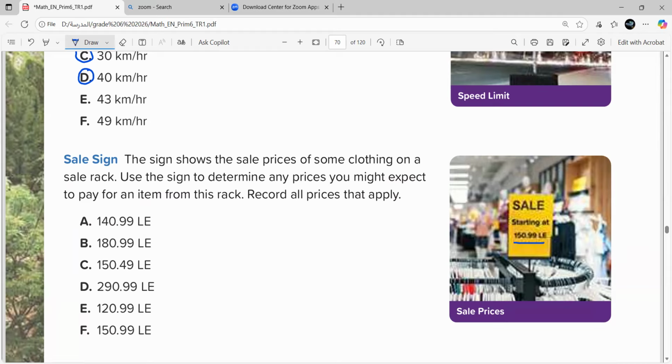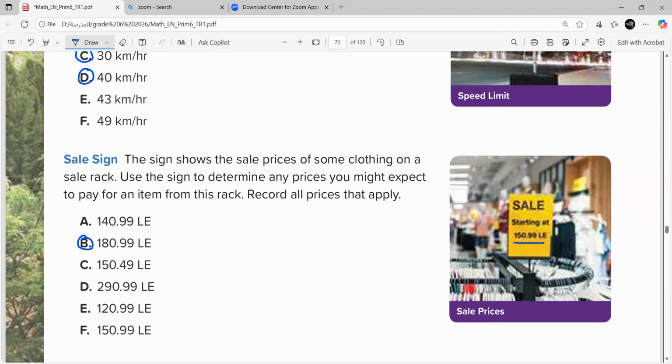So okay, can we find the price of 180.99 pounds? Yes, because the prices are starting from 150, so we can find more than 150. 180.99 is okay. Okay, 150.49. Here, we will not find this price because this price is less than 150.99.